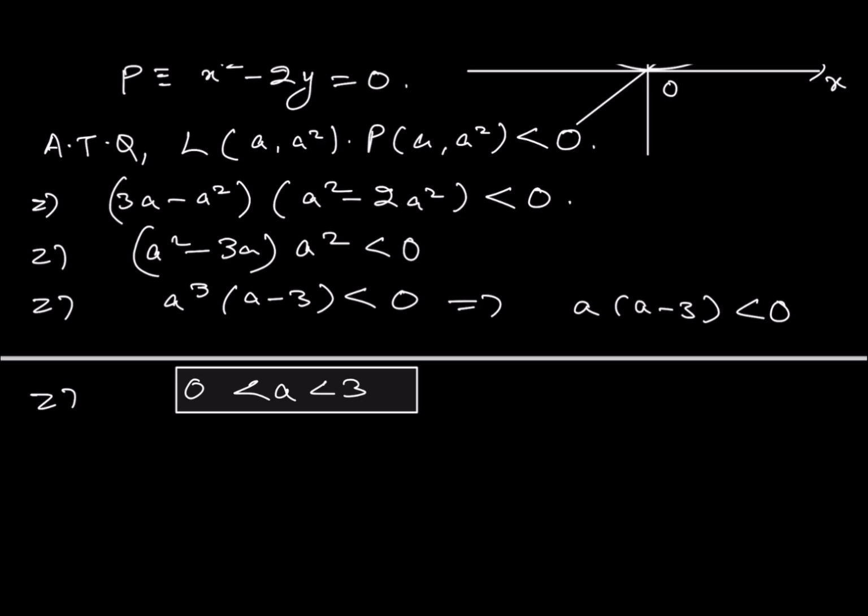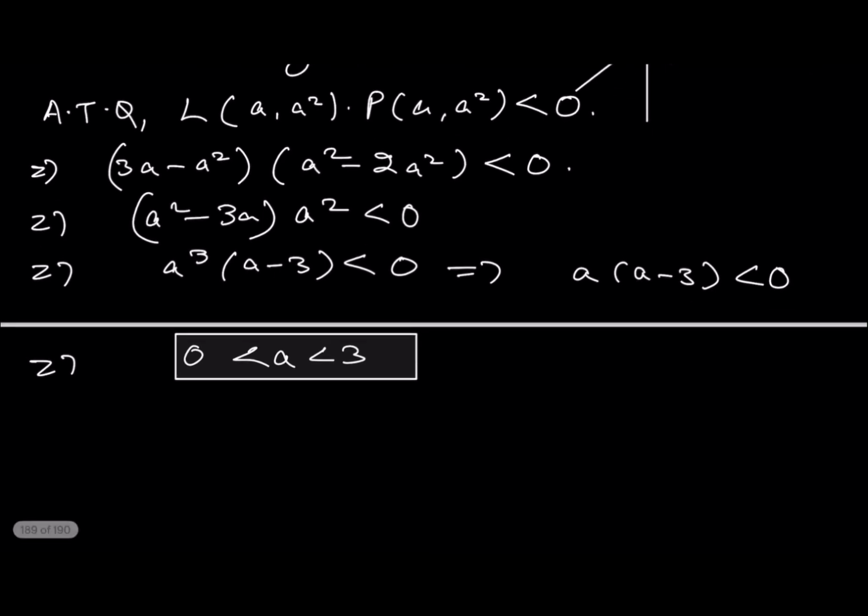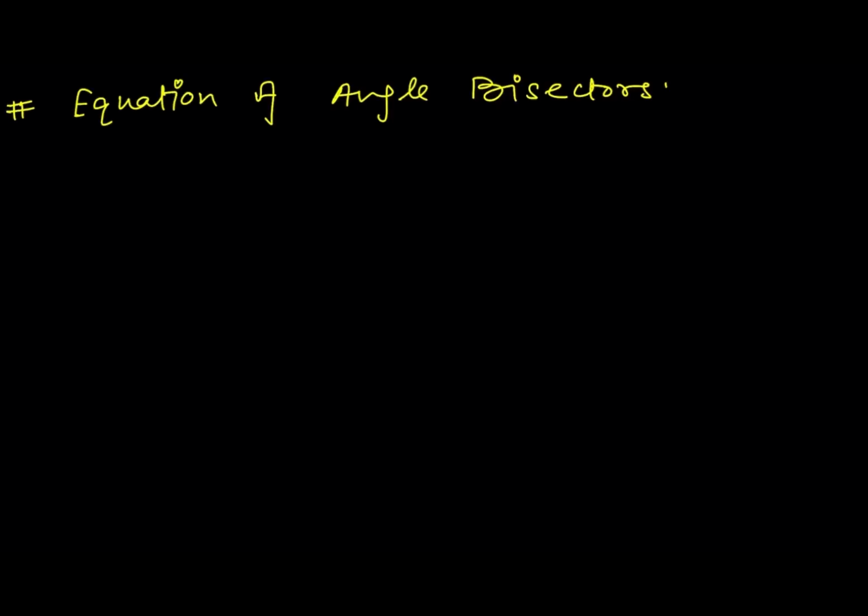Okay, now let us come to the next topic, which is equation of angle bisectors. So write down the heading, equation of angle bisectors. So what are angle bisectors? First of all, write its definition.